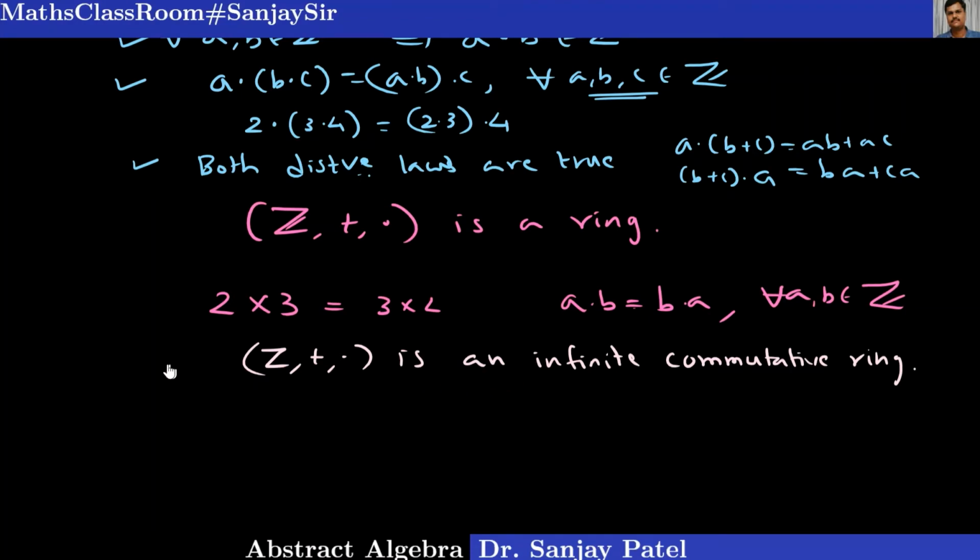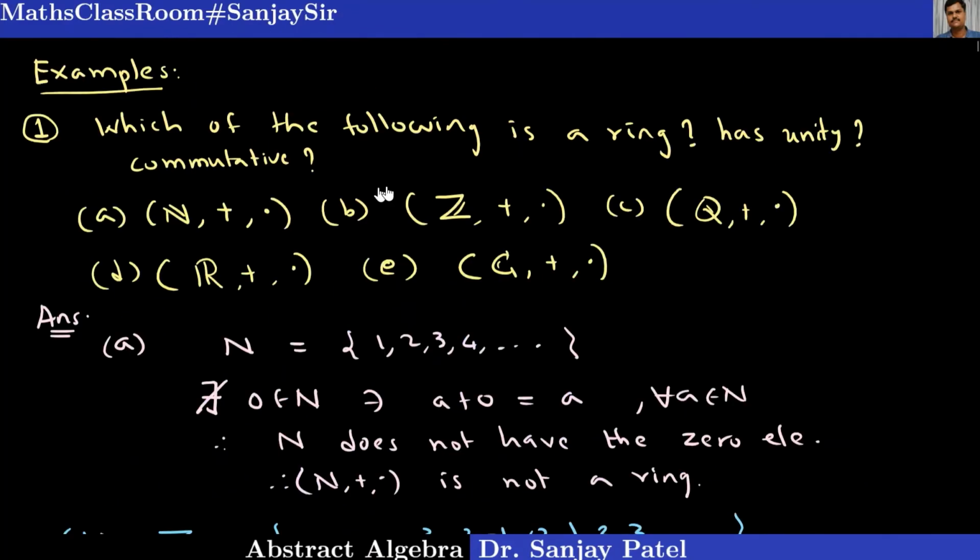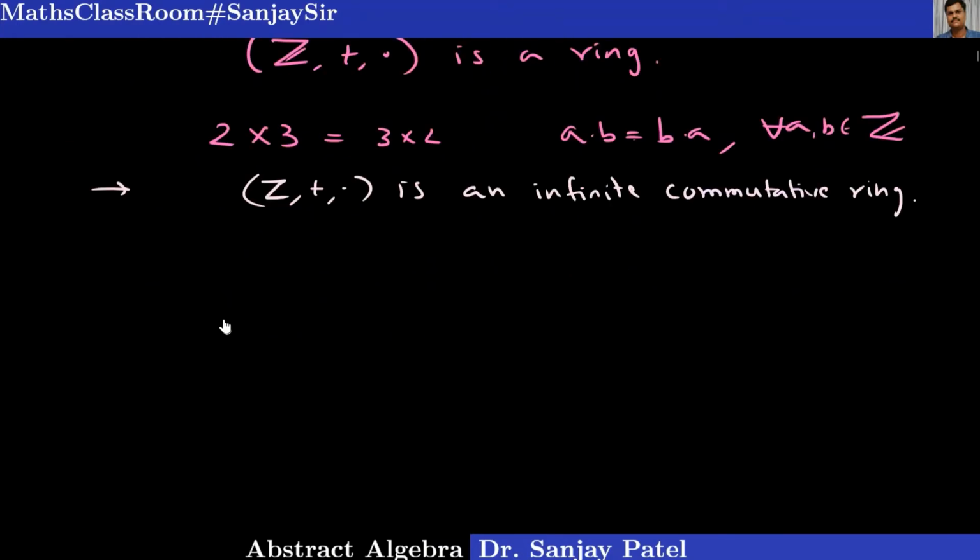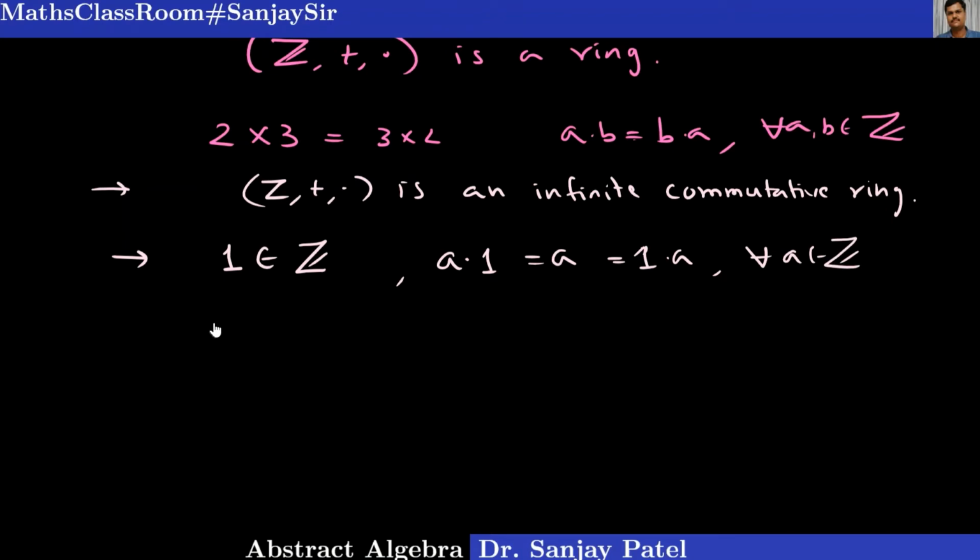Let us go further, because we are supposed to check all these things: whether it is a ring, it has unity, it is commutative, like that. The ring Z also has unity, because we know that the integer 1 belongs to Z, and a into 1 is equal to a is equal to 1 into a for every a belonging to Z. So Z is an infinite commutative ring with unity.